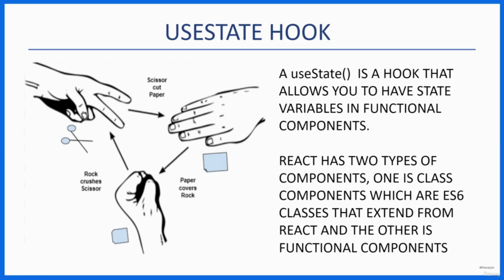Variables can have different states, where initially it can have a value of null, and after a particular functionality the value of that variable could be changed to any other value. So these are state variables, and useState is used to change the state of a variable.